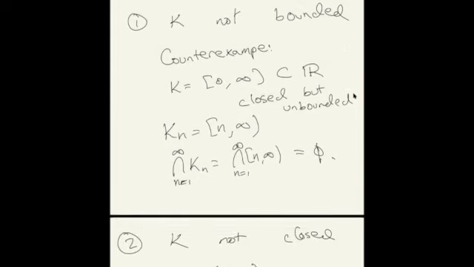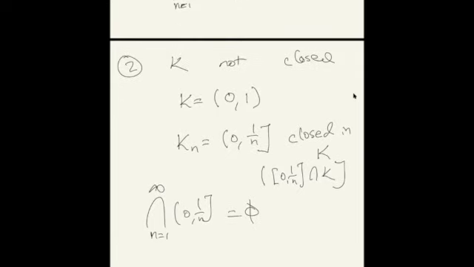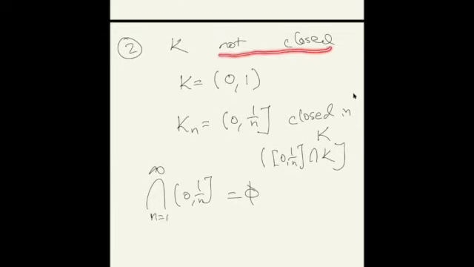Example 2. K is not closed. Well, in that case, we could take the open interval 0, 1, and we could define Kn as the half-open interval from 0 to 1 over n. Now, K is not closed, but Kn is closed in K. And why?